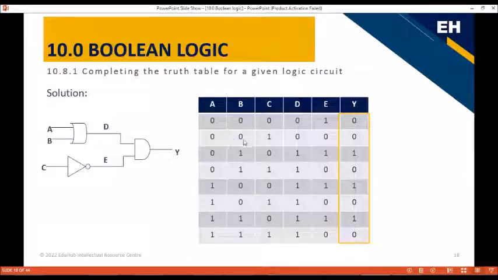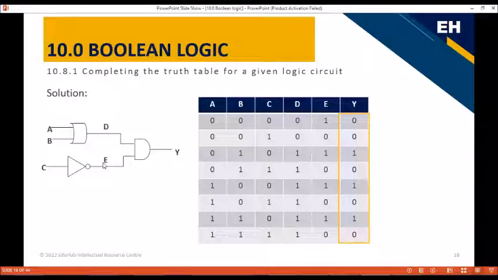On the second row, A is 0, B is 0, D is also 0. The third row, A is 0, B is 1, therefore D should be 1. The fourth row, A is 0, B is 1, therefore D is 1. 1, 0 gives rise to 1. 1, 1 equals 1. And 1, 1 again equals 1. So we are done with D.